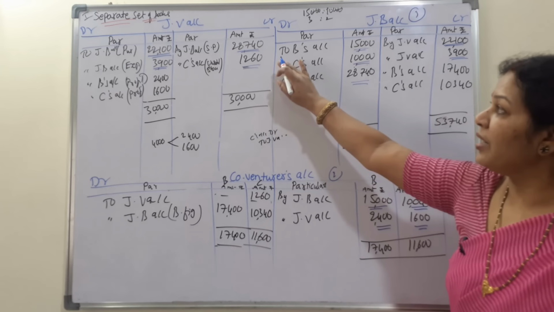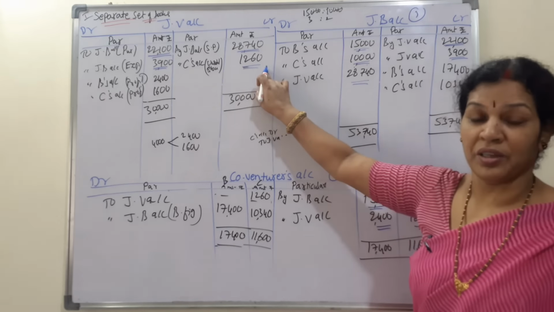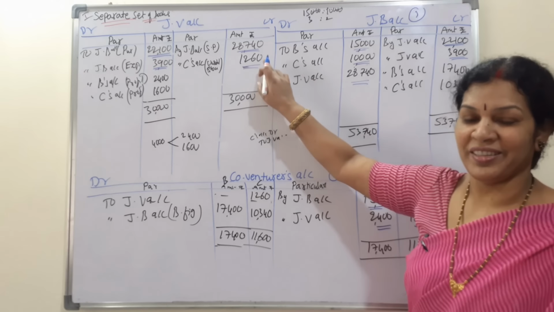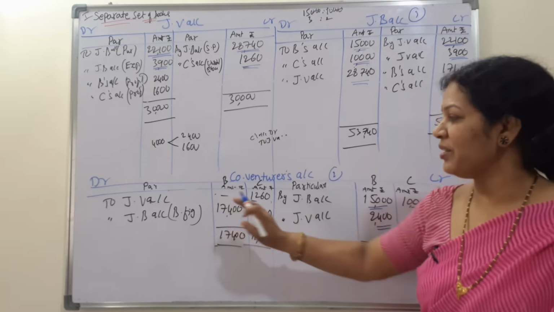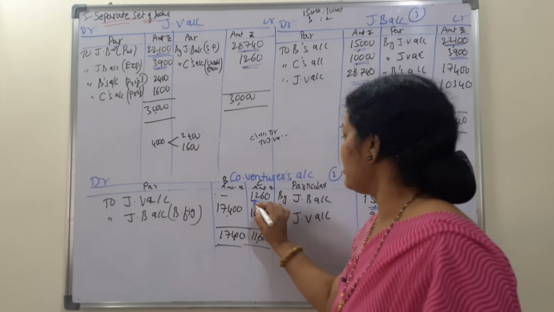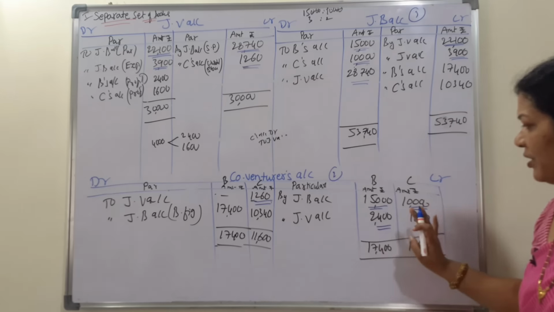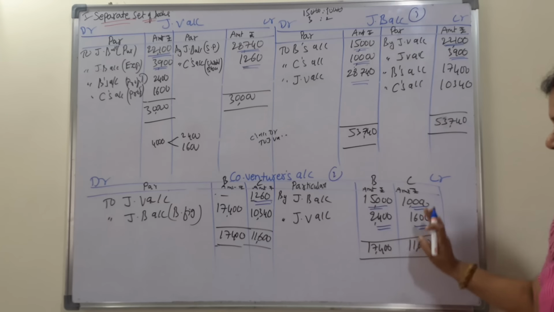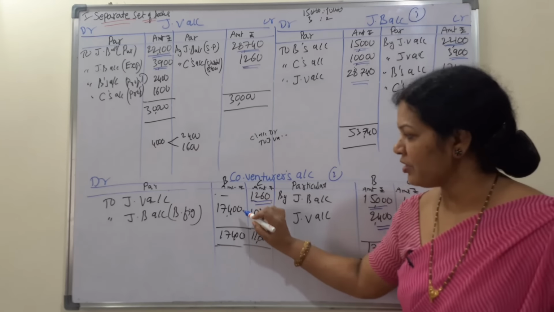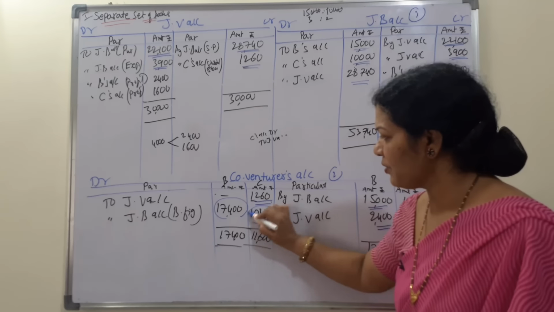And here we have C's account, unsold stock is taken by C. He is on the credit side, so on the debit side we have to write 1,260. Only 3 entries. After that, closing it, we got this balancing figure.